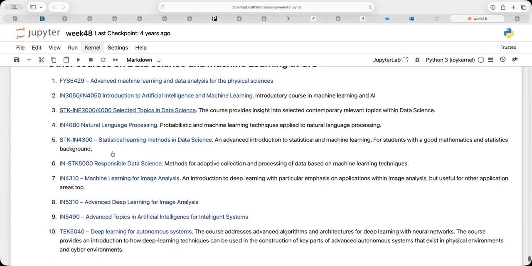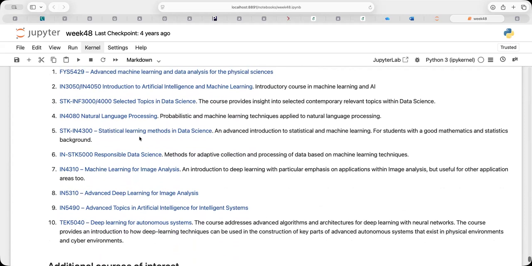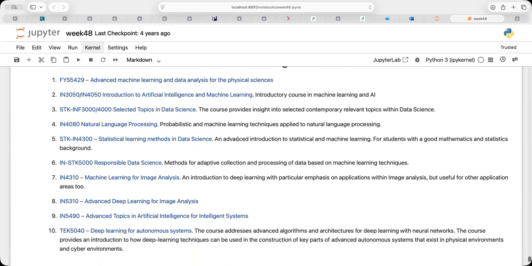The same with this one, and also the one on natural language processing. This is one which runs in parallel with this course, and many of you have taken it in parallel. That gives you a statistical analysis point of view, but it focuses mainly on the non-deep learning methods like random forests, gradient boosting, etc.